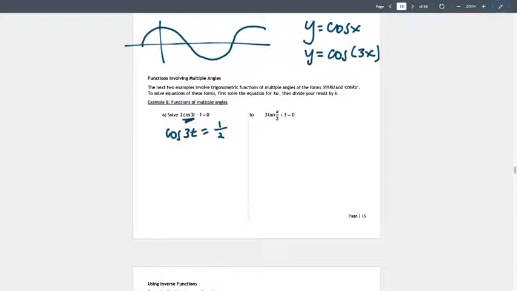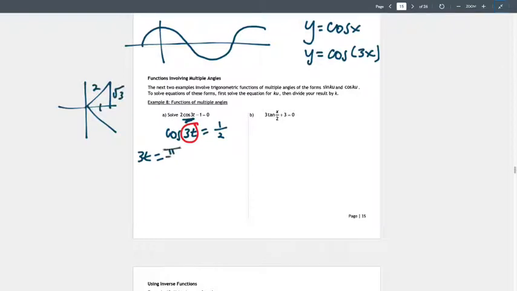So when you're solving this, we're going to isolate the cosine like we did. One thing to think about is what I'm solving for is the angle. That 3t, the whole thing, is my angle. So I'm going to say 3t equals, when the cosine is equal to 1/2, it's going to be in the first and fourth quadrant, and that's where you have a 60-degree reference angle.